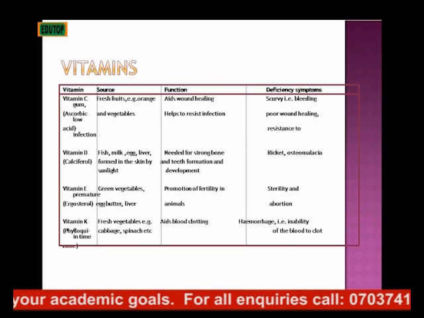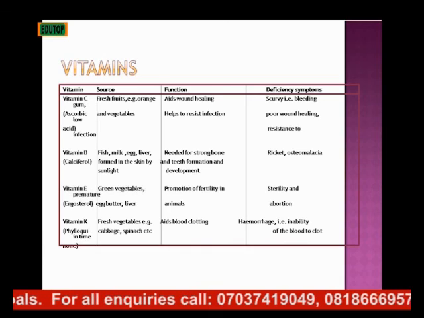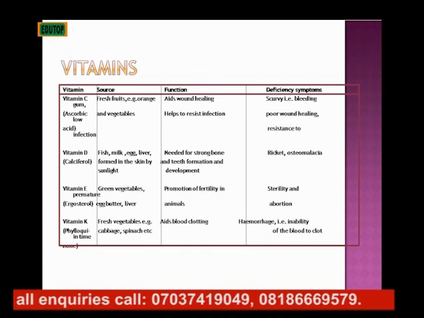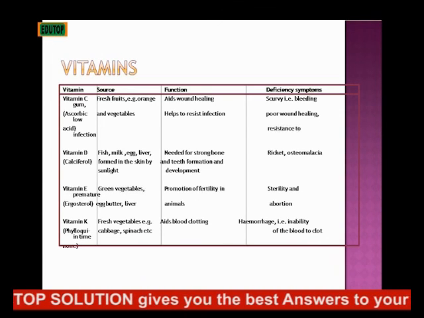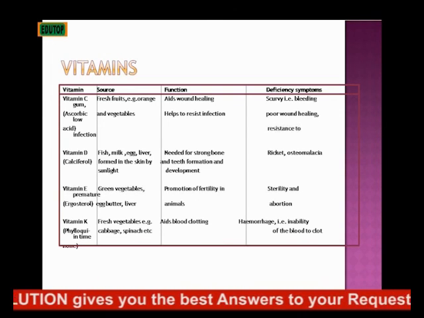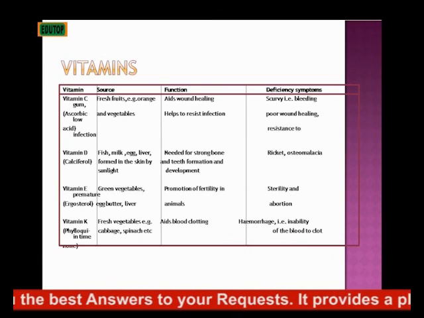And deficiency of vitamin C leads to scurvy, that is bleeding gums. Then poor wound healing, wounds don't heal easily when you lack vitamin C. Then the body has low resistance to infection.